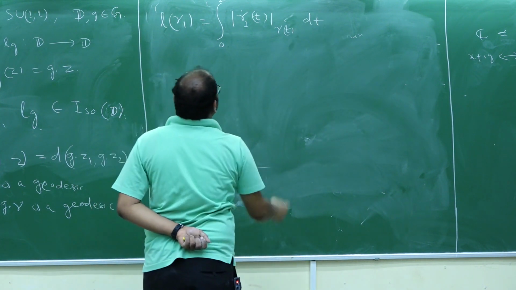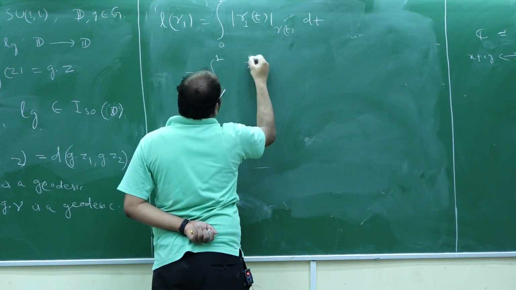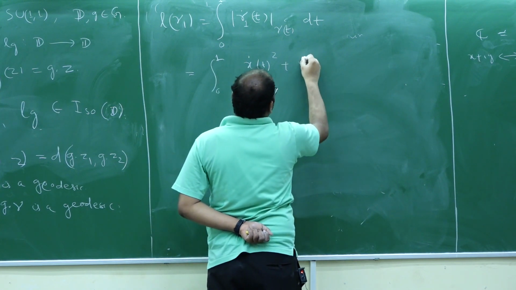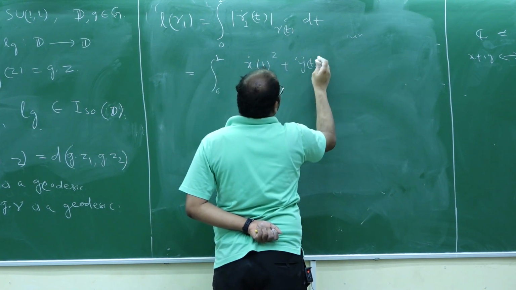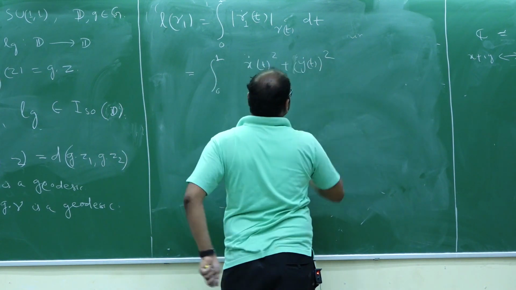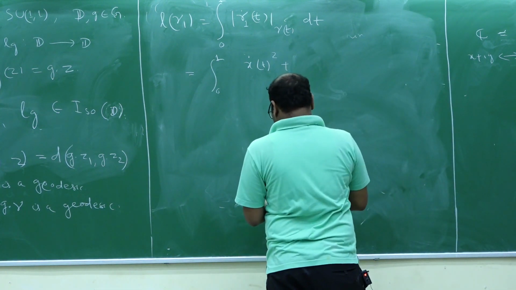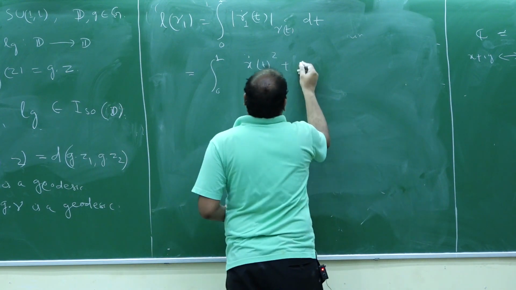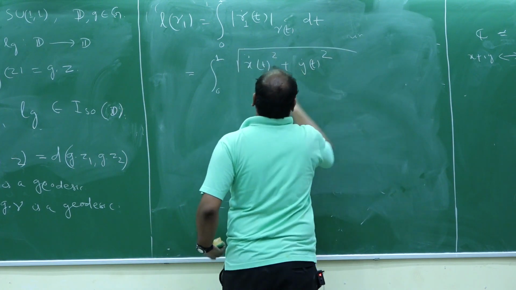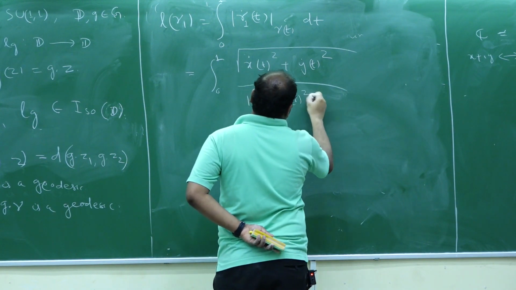If you use the definition, this is really the integral from 0 to 1 of the square root of x dot(t) squared plus y dot(t) squared, divided by 1 minus x(t) squared minus y(t) squared.